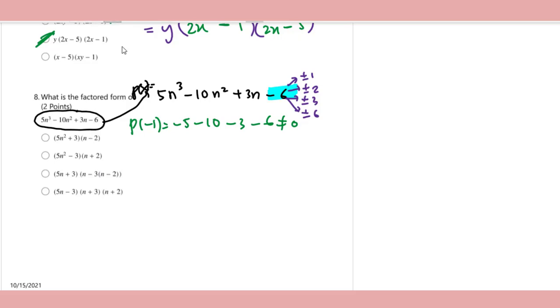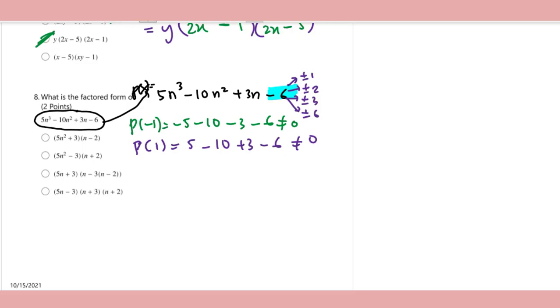Then substitute, try n equal to 1: 5 minus 10 plus 3 minus 6. This is still not equal to 0. So conclude 1 is not a zero for this polynomial.